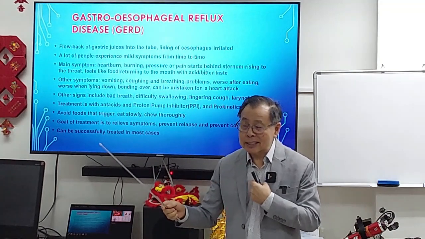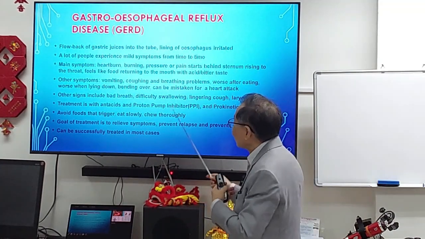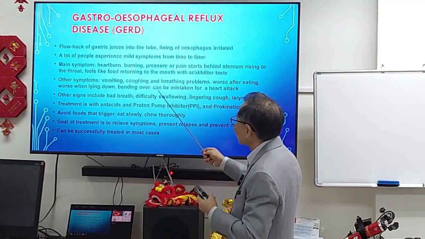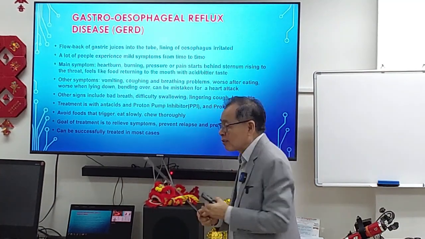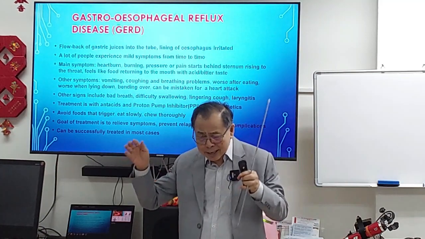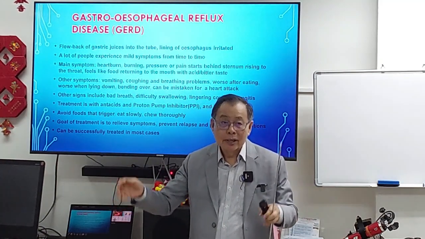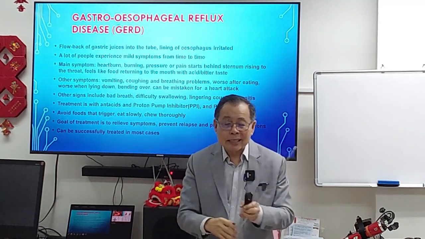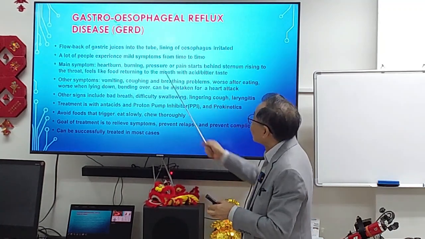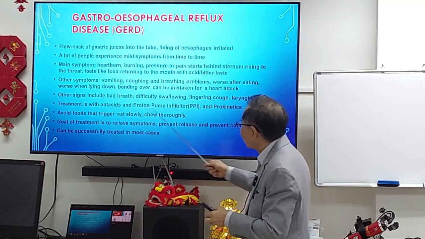So sternum is in the center of your thorax. So it's very hard to distinguish vomiting, coughing, breathing, and all that. It can be mistaken for heart attack. Of course, it can occur at the same time. So depending on symptom, check whether there's heart attack, check whether there's something like a GERD or whatever.